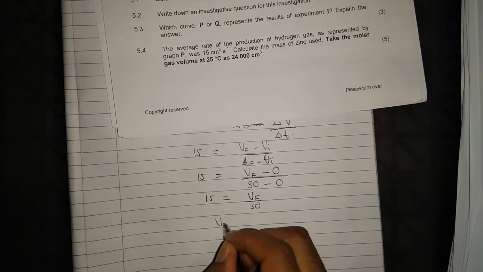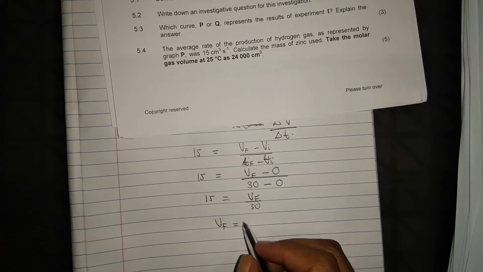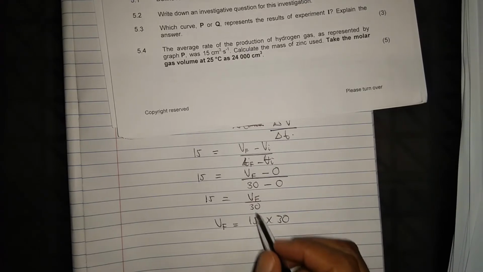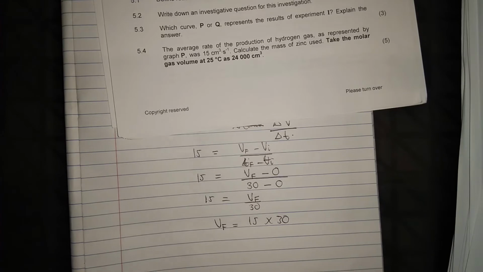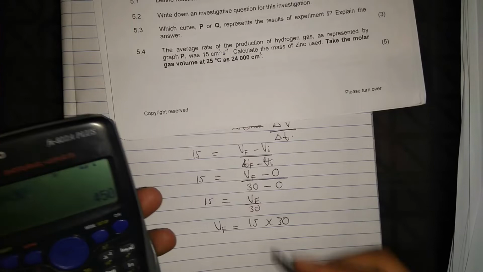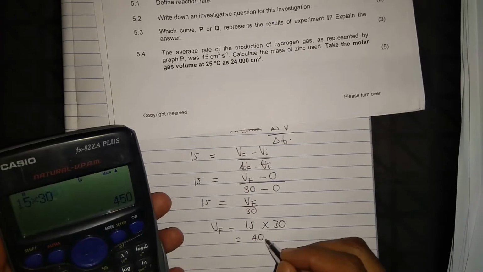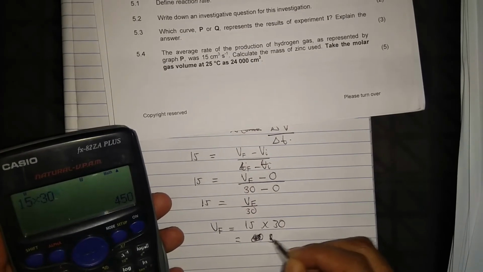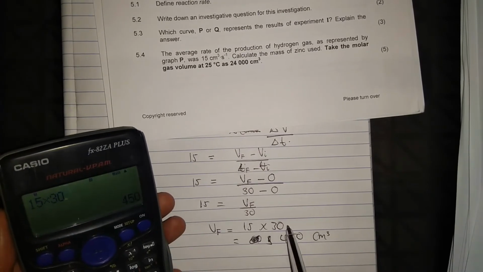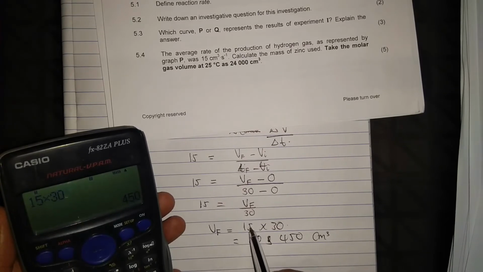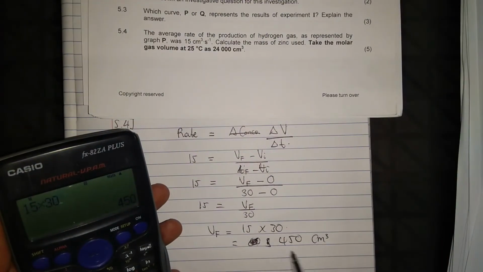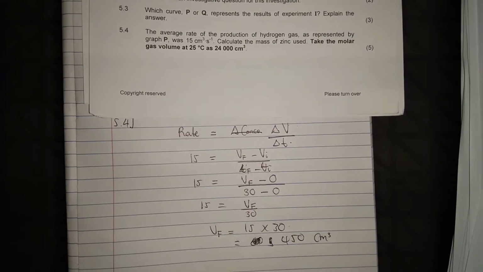I cross multiply and end up with 30 times 15 equal to V final, so V final is 450 cubic centimeters. Remember, the 15 is 15 cubic centimeters per second, so the unit for volume is cubic centimeters.